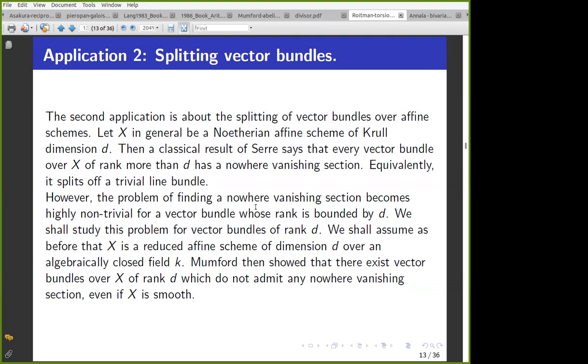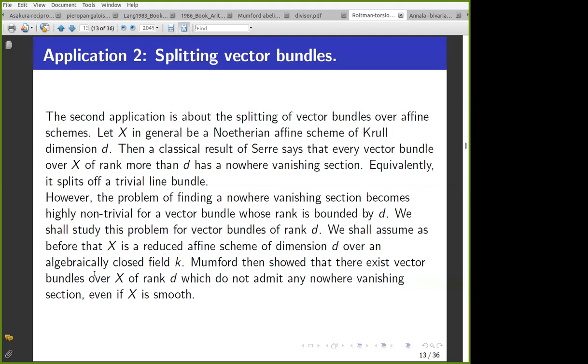However, the problem of finding a nowhere vanishing section becomes highly non-trivial for a vector bundle whose rank is bounded by D. This is the so-called unstable range of vector bundles. We shall study this problem for vector bundles of rank D. Below D, the picture is still very unclear, even for smooth varieties.